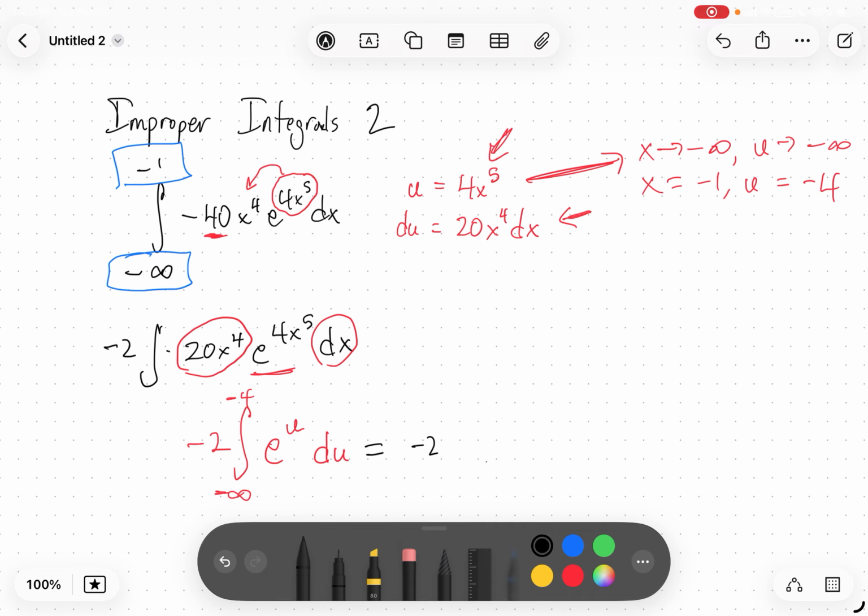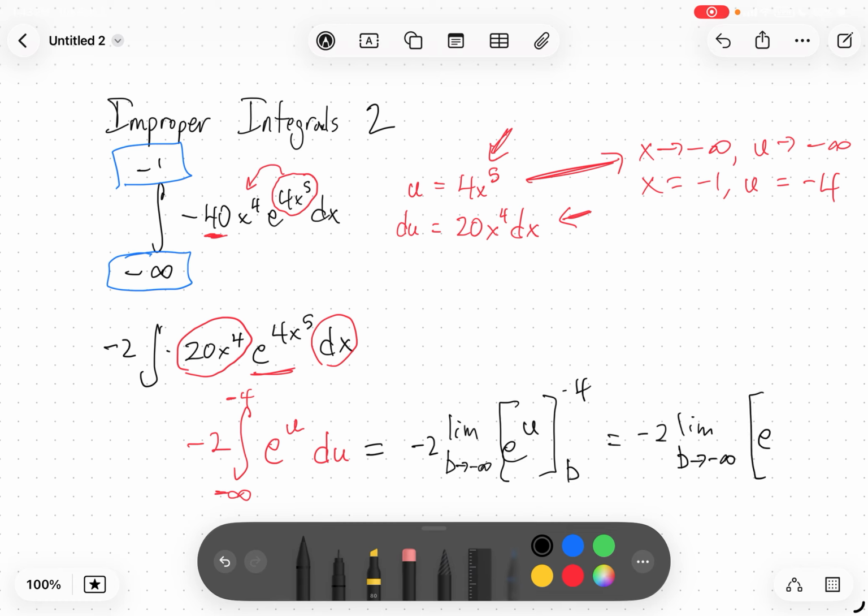What we're going to have to do here is calculate the limit as b approaches negative infinity of this expression evaluated from b to negative 4, all multiplied by negative 2.